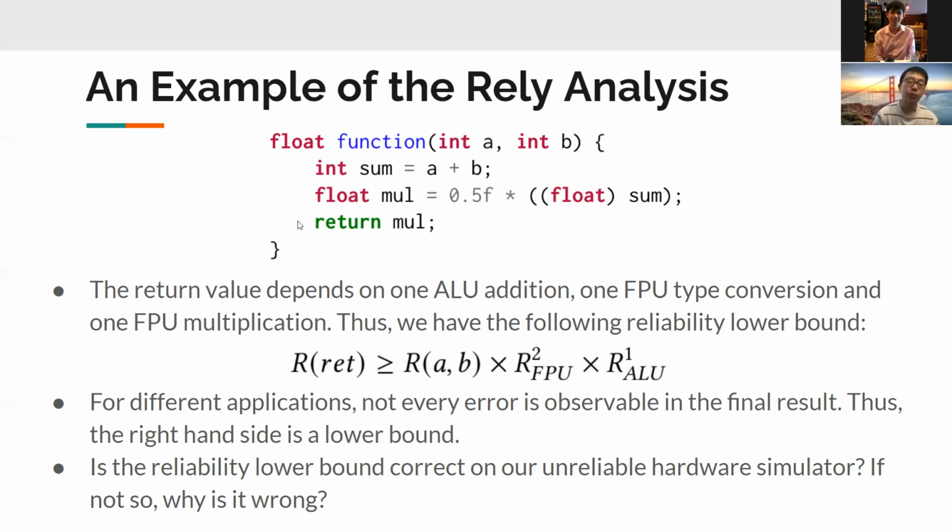You can see that in practice, not every error will be observable in the final result. That's why the right-hand side is a lower bound. In this project, we're trying to answer the following two questions. Is this lower bound actually correct on our hardware simulator? If not, why is it not correct?